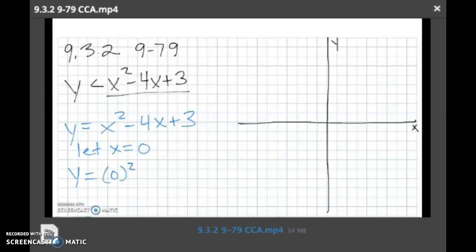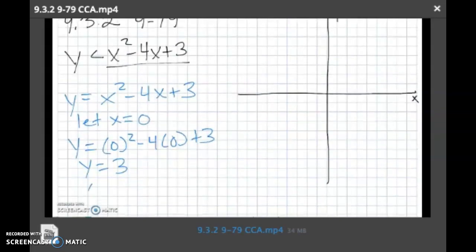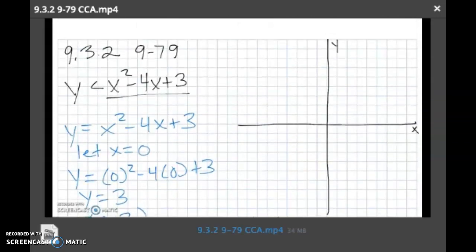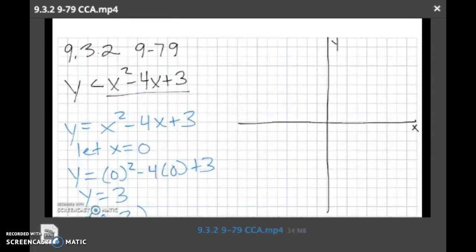So I'm just replacing all my x's with 0, and when I do that, everything goes away except for this 3. So the y-intercept is the point 0, 3. There it is.